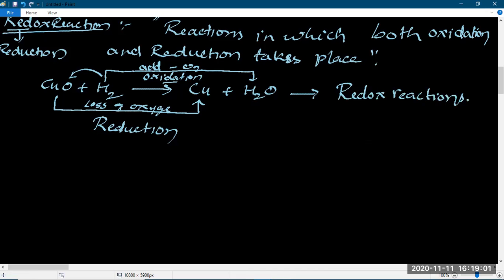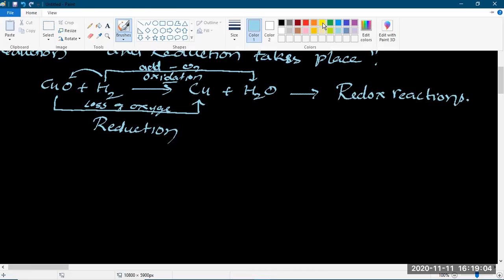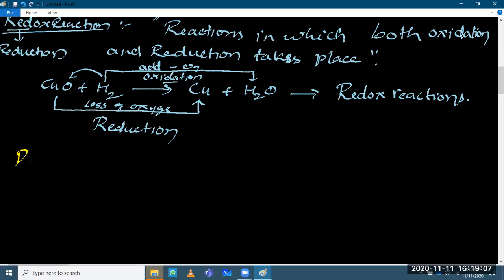Now let us go with the meaning of oxidizing agent and reducing agent. What is the meaning of oxidizing agent? Let us discuss the oxidizing agent first. The oxidizing agent is basically the substance which either gives oxygen or removes hydrogen in the oxidation reaction.